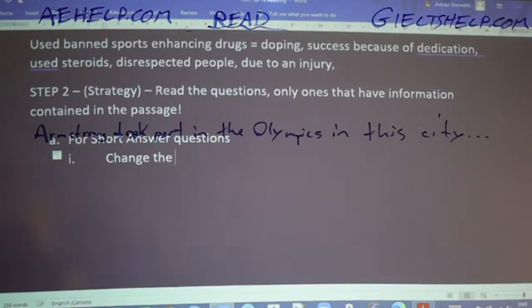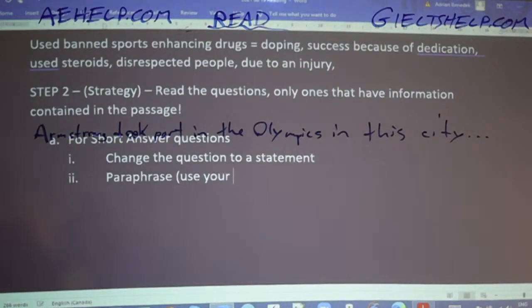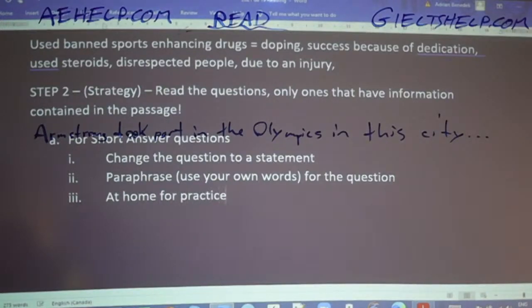Change the question to a statement and paraphrase, meaning use your own words for the question. Okay, at home for practice, do this on paper. In the exam, do this in your head. All right?